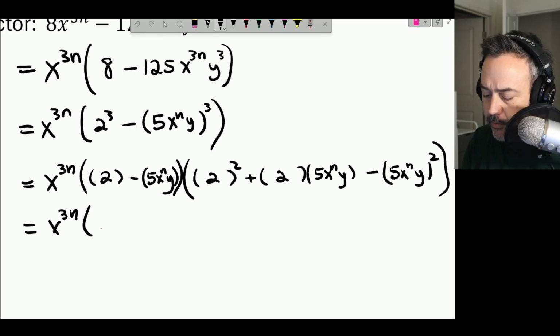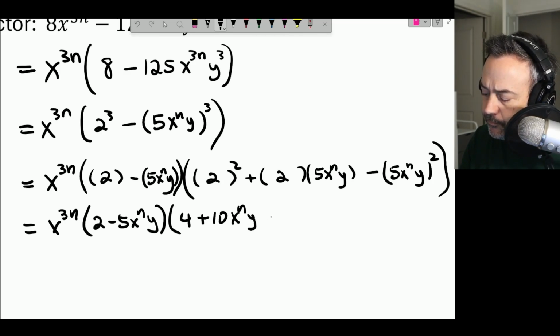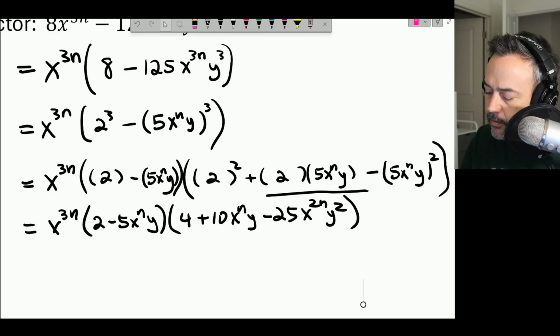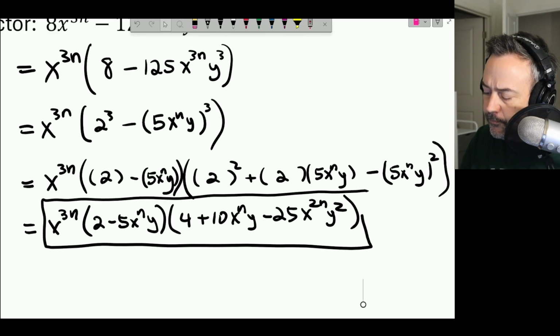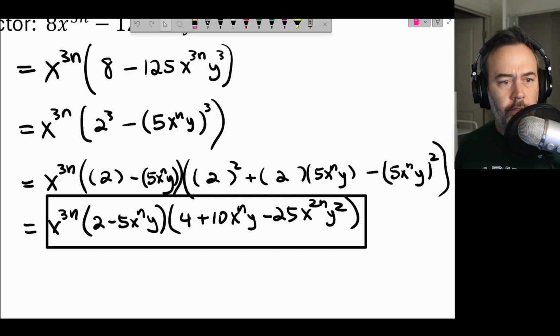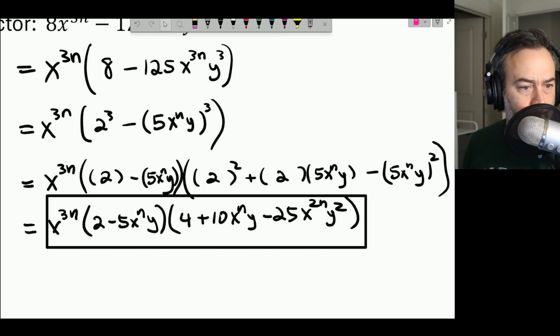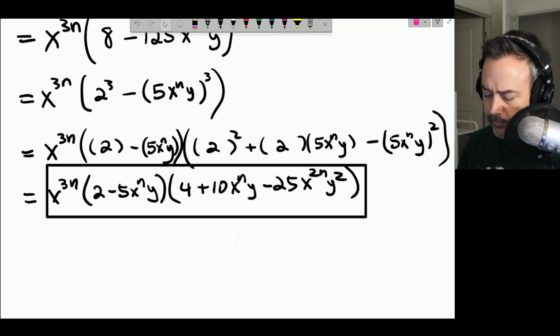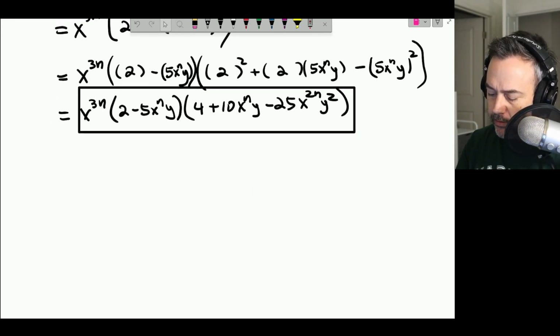Simplify each factor separately. 2 minus 5x to the n y, 4 plus 10 x to the n y, plus 25 x to the 2n y squared. Done. Double check from my answer key that I haven't made any small errors. Looks good to me. Yep, there we go. All right, on to the next.